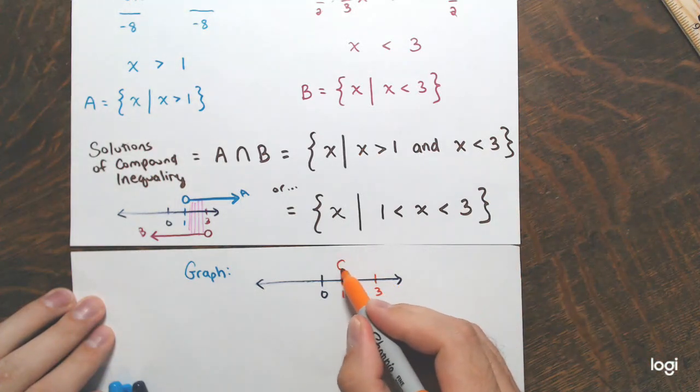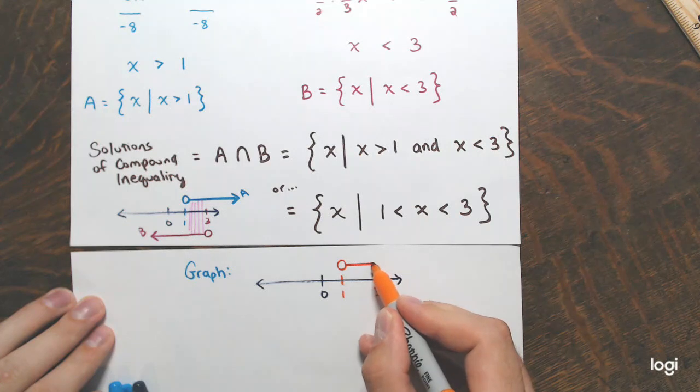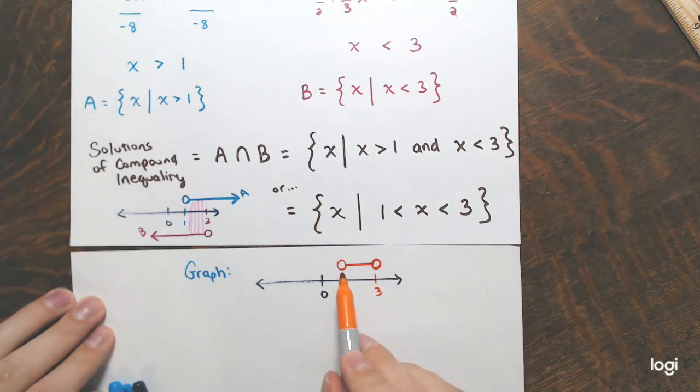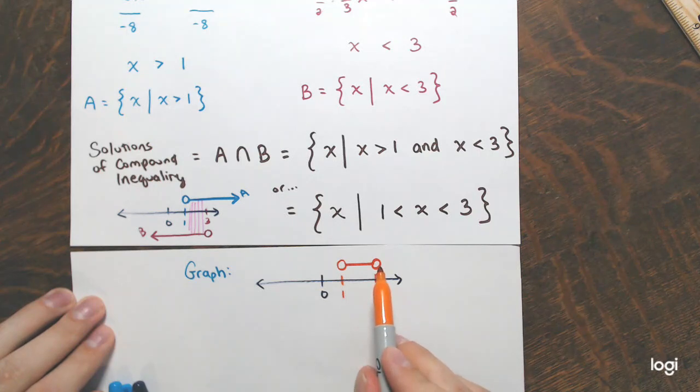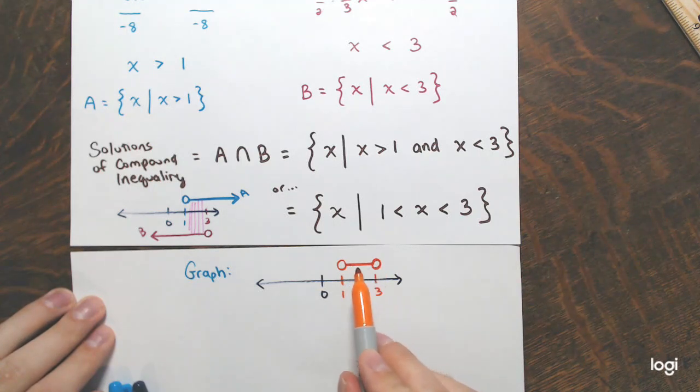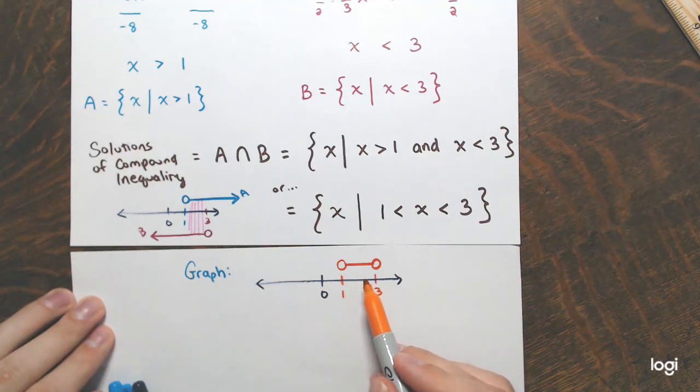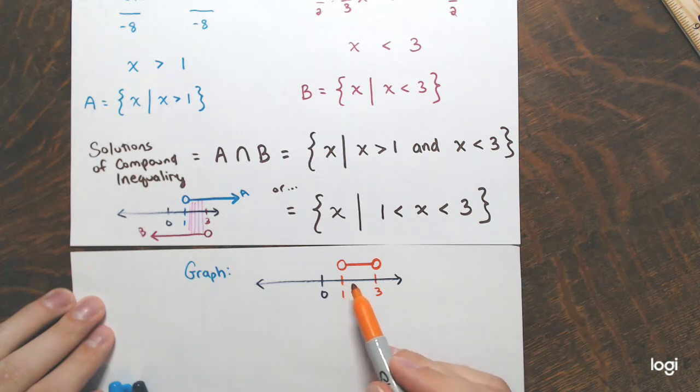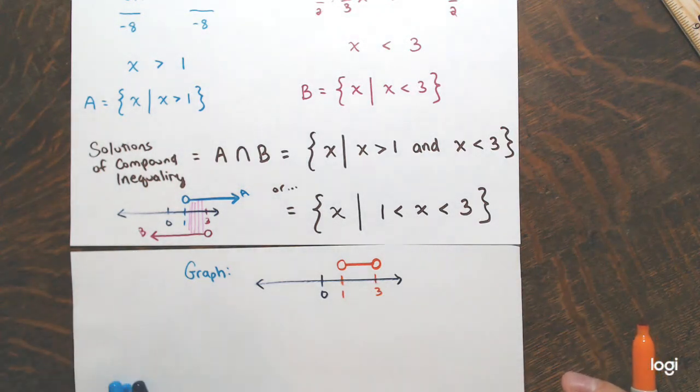That's all of these numbers right here that I'm marking in orange, right? Notice the holes on 1 and 3, right? 1 is not in the set, 3 is not in the set, but all the numbers in between are. All right, so 1.5, 2.5, 2, 2.3, 2.79, 2.99, 1.001. Any number between 1 and 3 is fine.